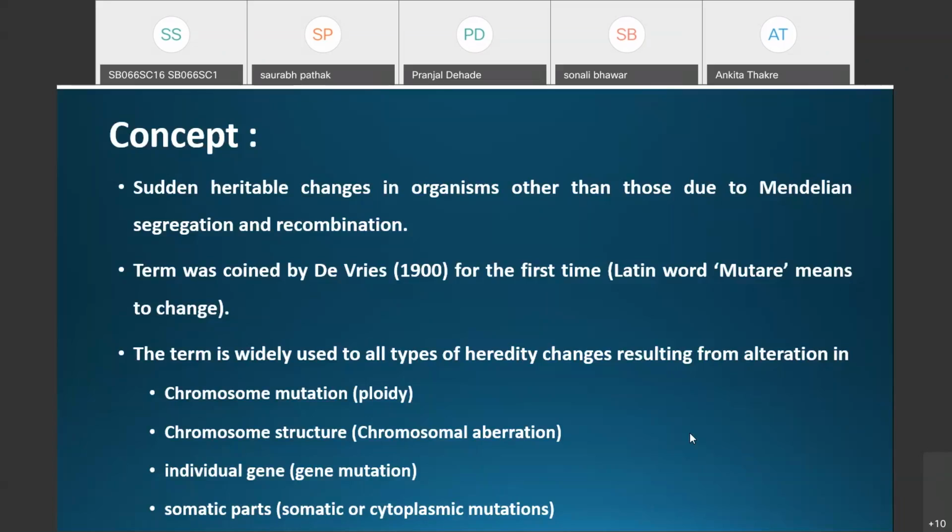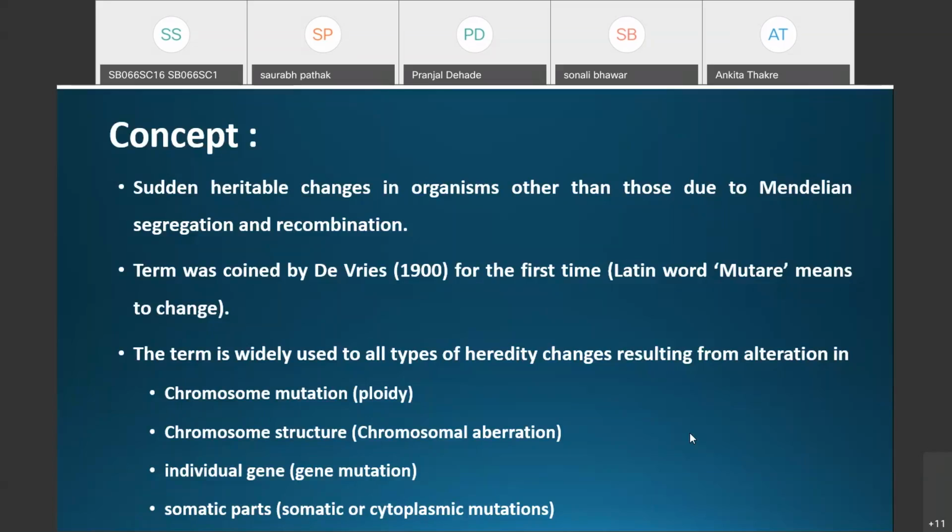Gene mutations are also referred to as point mutations, and are also called factorial mutations. And the last one, alteration in the somatic parts, is referred to as somatic or cytoplasmic mutation.